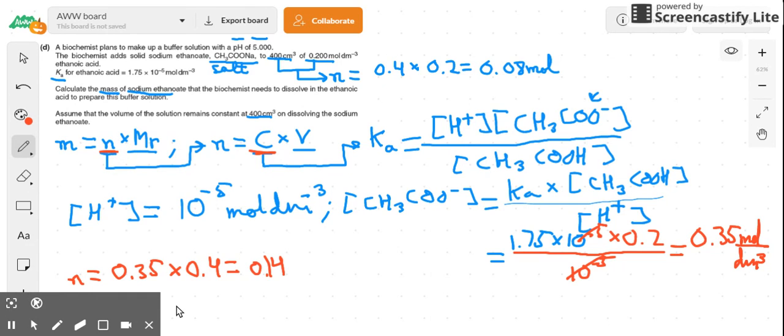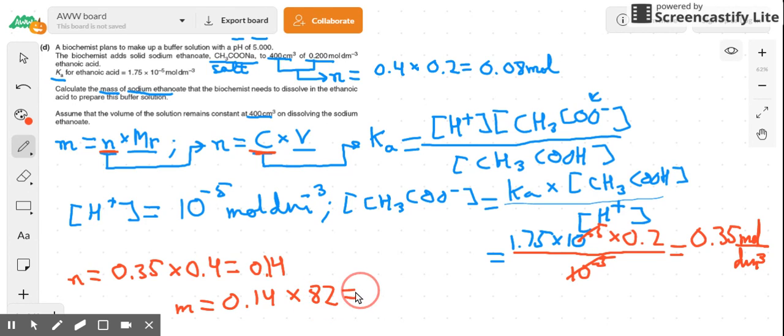And now to calculate the mass, equals the moles, which is 0.14, times the molar mass, which is 82. And that gives you the final answer, which is 11.48.